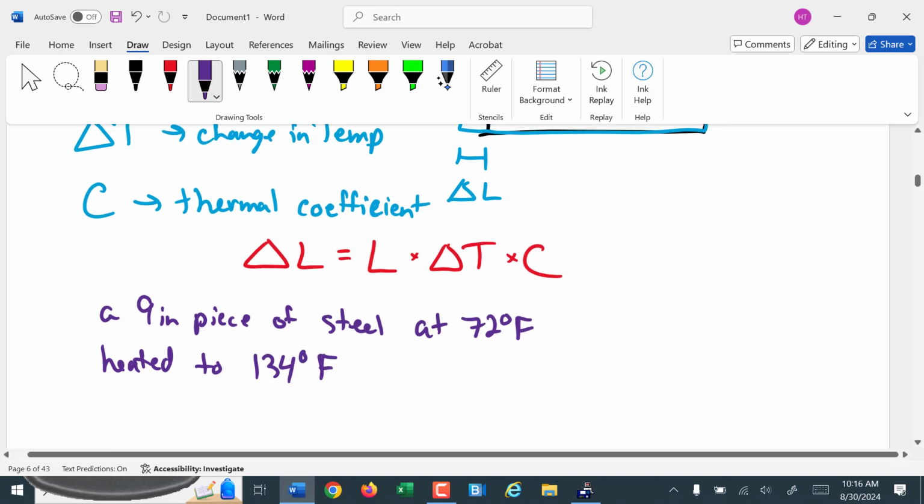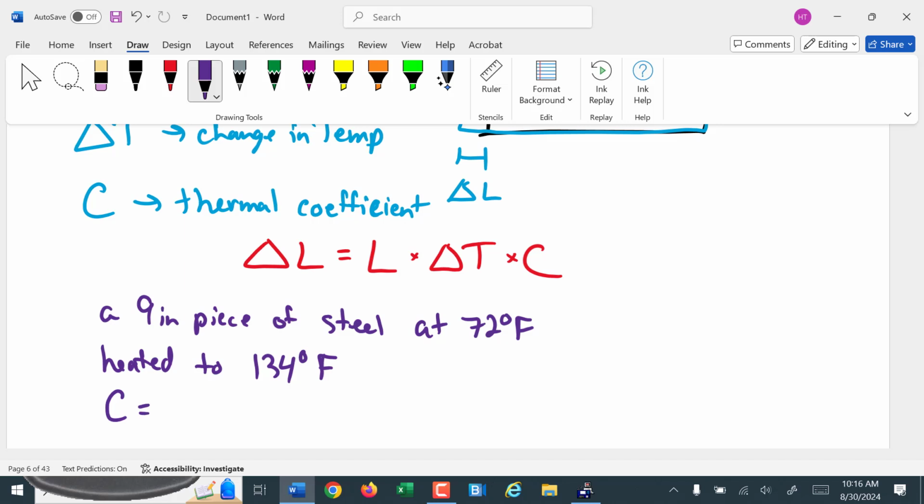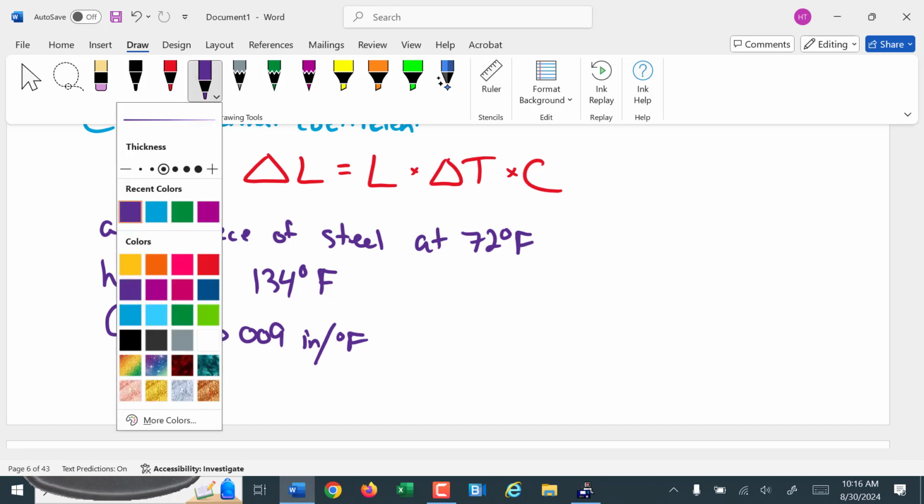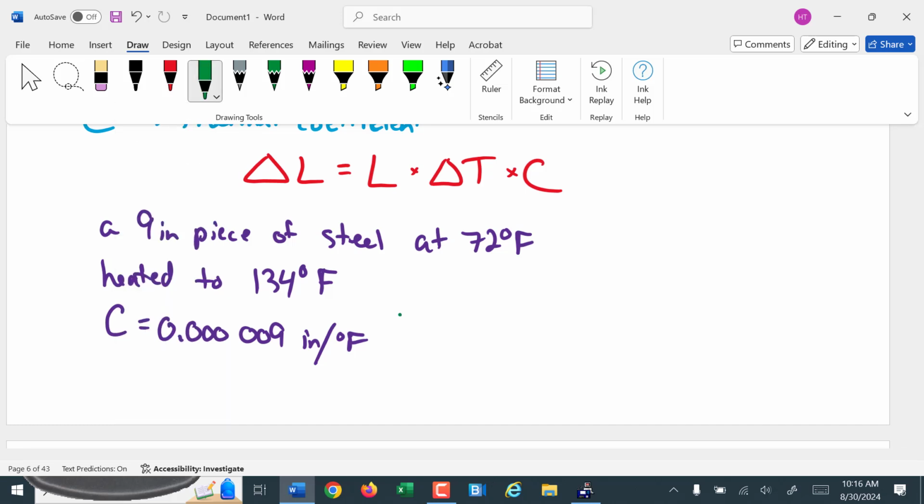So let's say we have a 9-inch piece of steel at 72 degrees Fahrenheit, heated to 134 degrees Fahrenheit. I will tell you that the thermal coefficient we're going to use is 0.000009 inches per degree Fahrenheit.